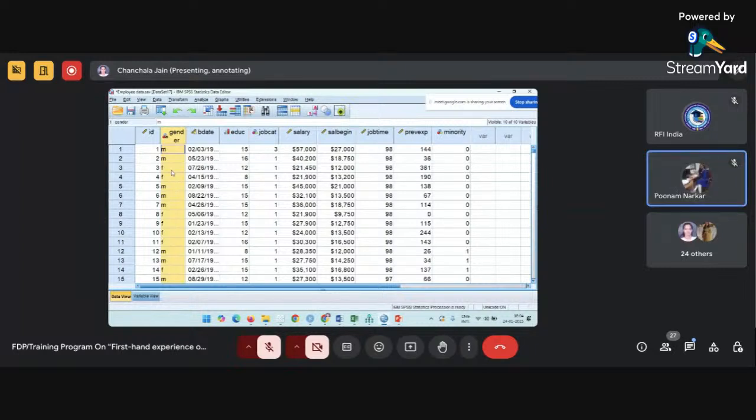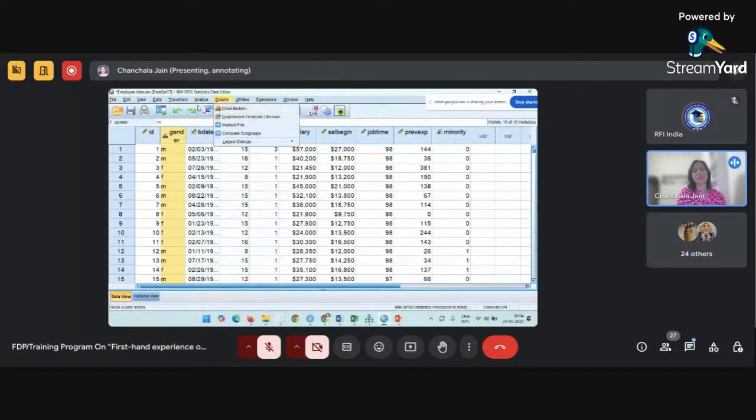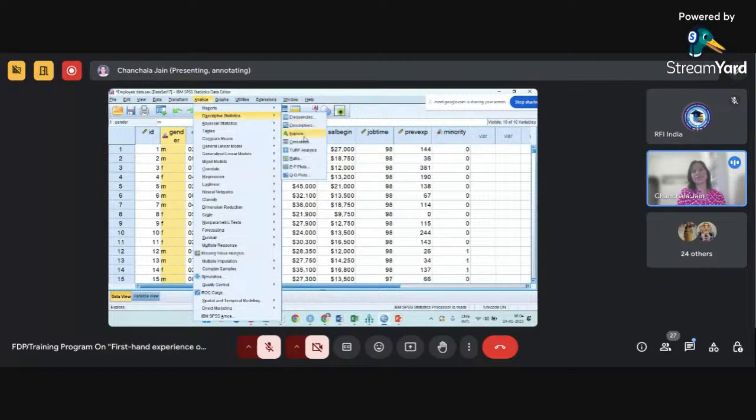Fine. Talking about checking the assumptions, those who are performing, or those who are noting down, can note the steps, which we are almost repeating because we have already done this. Go to Analyze, Descriptive Statistics, and then Explore. It is not a big deal, very simple to understand. Click on Explore.